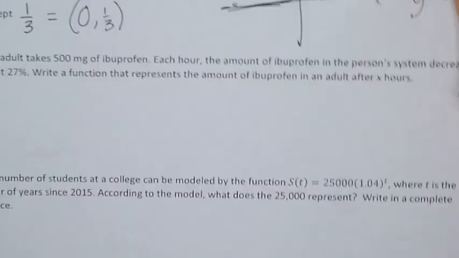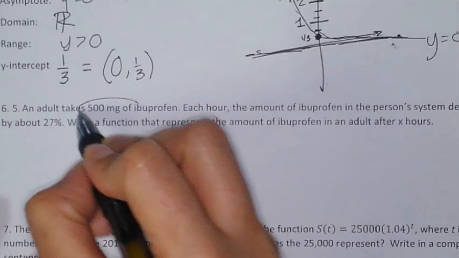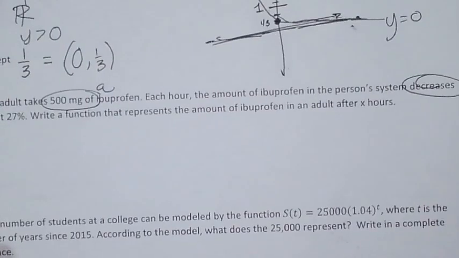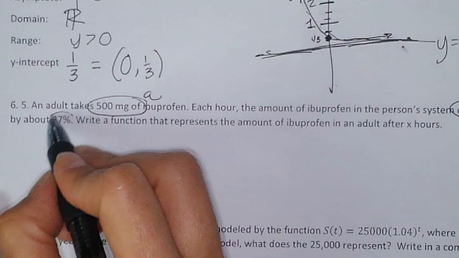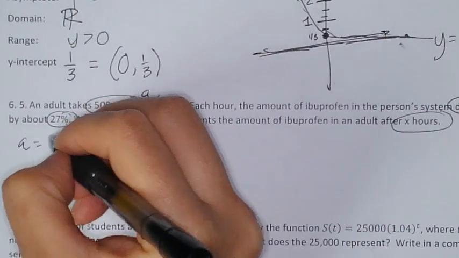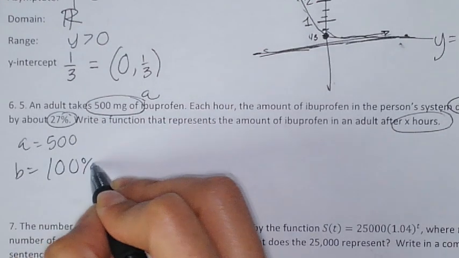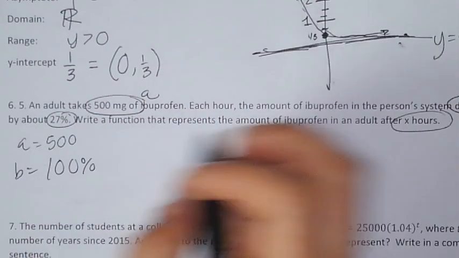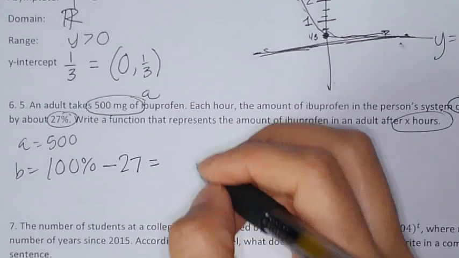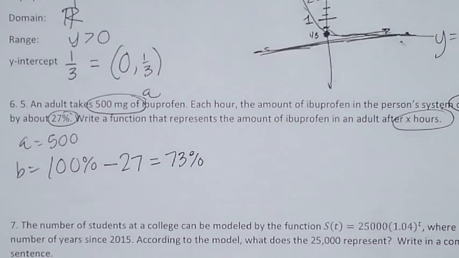Alright, number 6. An adult takes 500, that's your A. Each hour decreases, so now I know it's decay, by 27% by the function after x hours. So A is 500, and for B, I start at 100%. If it's decreasing, I'm going to do minus the 27%, which is 73%.